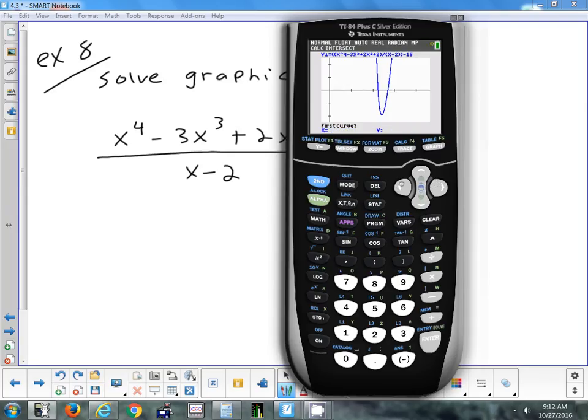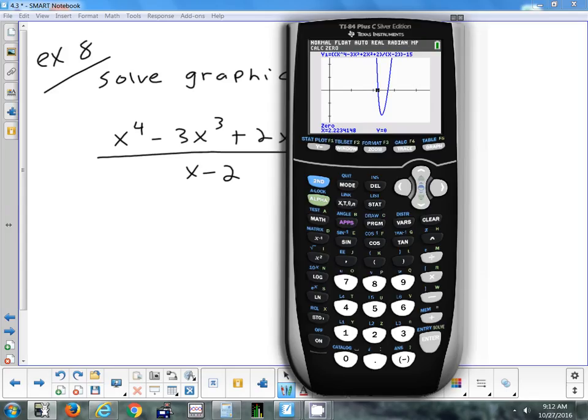There I am. All right, so pick a point left. Pick a point somewhere to the left, which I think I am. Yeah. Pick a point to the right. And I get 2.22 as one of the roots.